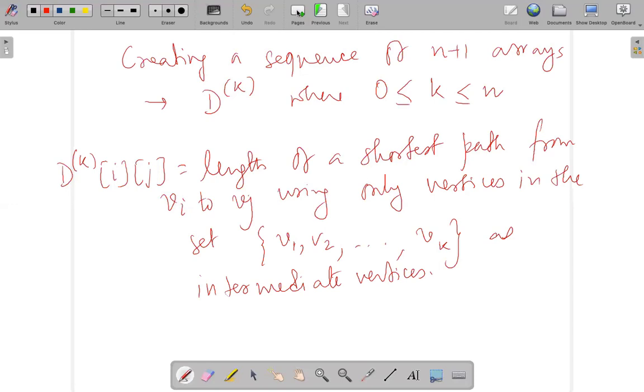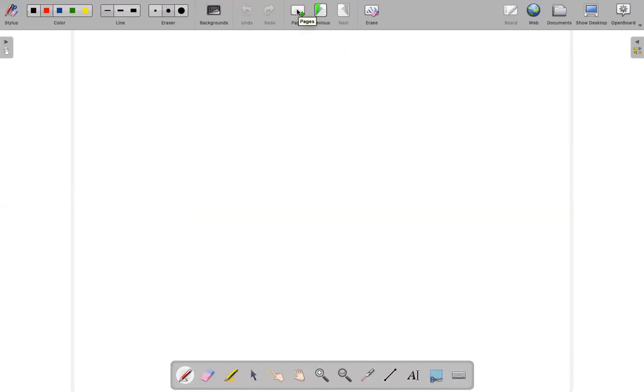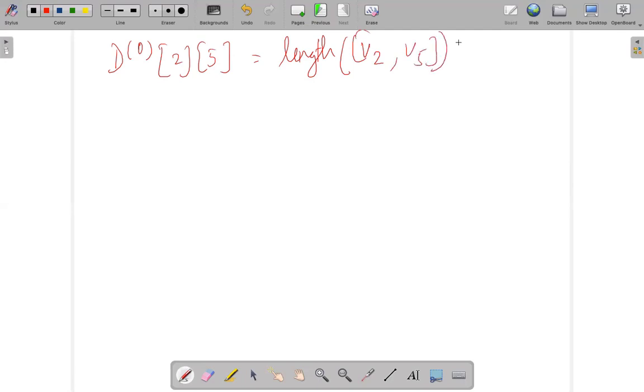So using the same graph, we can enumerate some of the Dk's. Let us say D0 2,5 is the length of V2 to V5. This is infinity since there is no edge. Now D1 2,5.